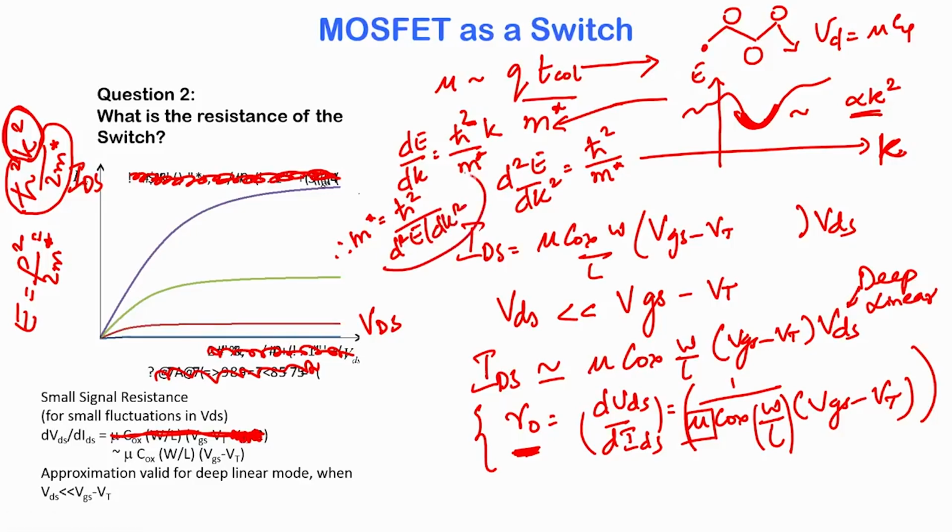So, therefore, the shape of the E-k diagram is directly going to impact the output impedance of your MOSFET. So, that is your mu, right. What is Cox?